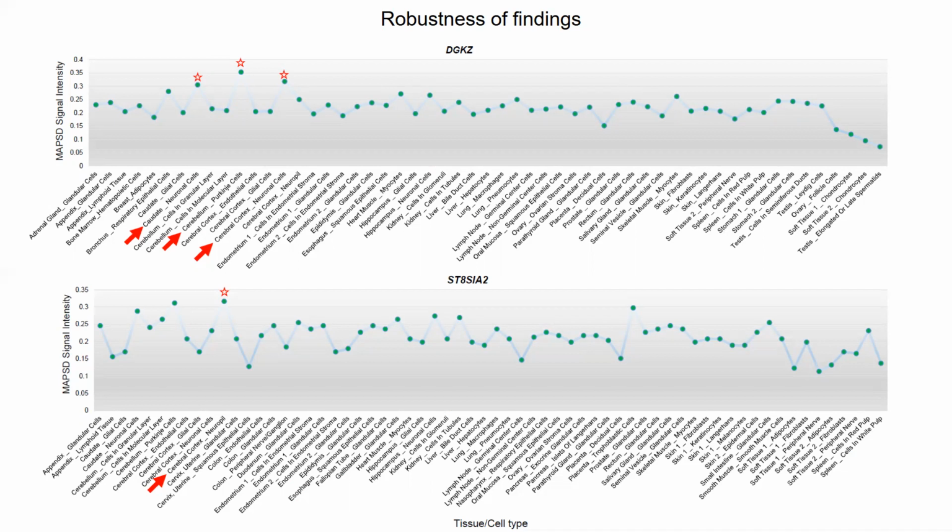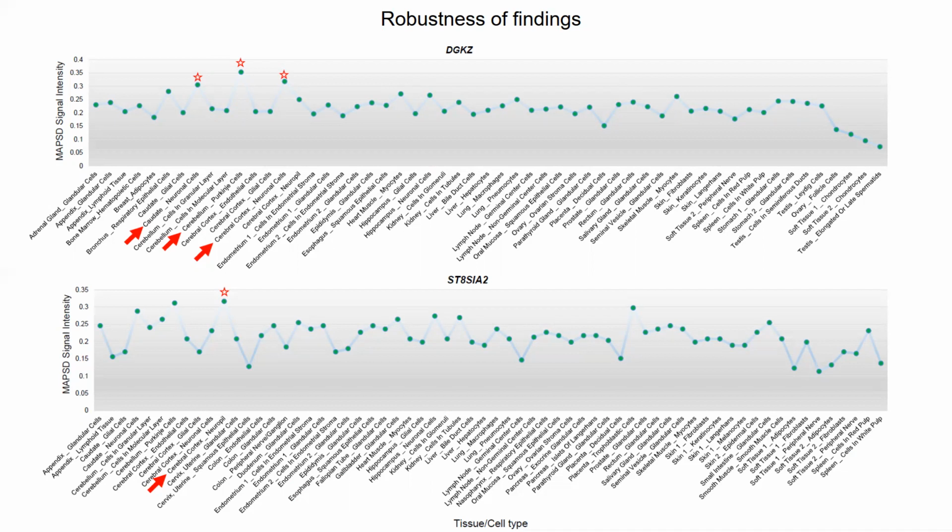For example, on the top, DGKZ is shown, which is a well-studied schizophrenia risk gene, demonstrated to be differentially expressed, differentially methylated, as well as harboring GWAS hits and de novo mutations in schizophrenia.